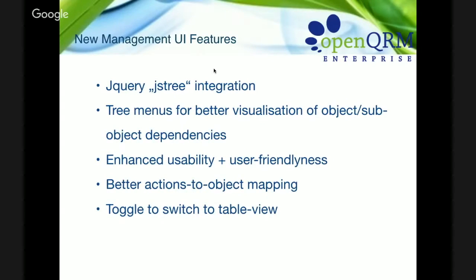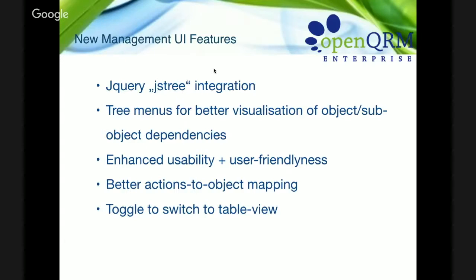We have made the management UI for vSphere a lot more user-friendly by integrating the JS3 jQuery module, which provides tree-based menus, which are much better to visualize the dependencies between the different objects in your vSphere environment. This means enhanced usability and user-friendliness, better action-to-object mapping.